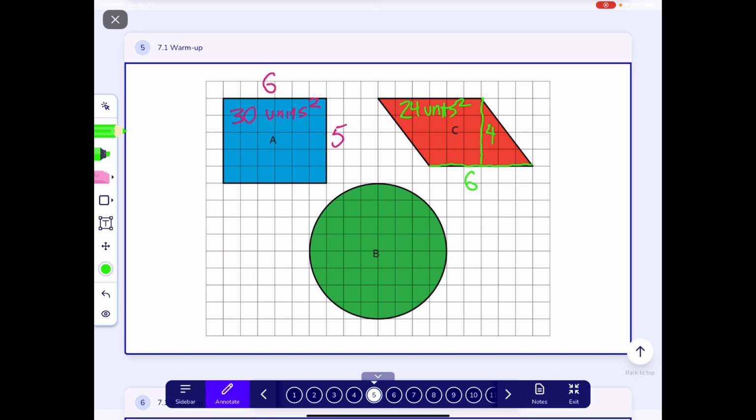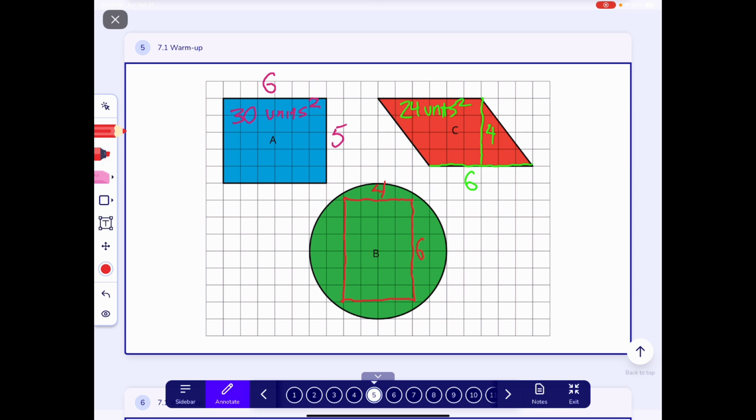But what about the circle? The circle, we can't really use base times height because it's not a polygon. It has curved sides. It doesn't have straight sides. So what's the area of that rectangle? That rectangle is 4 by 6.